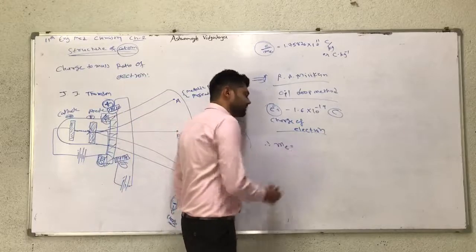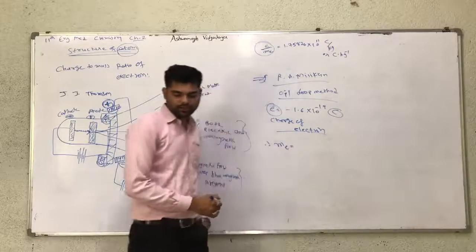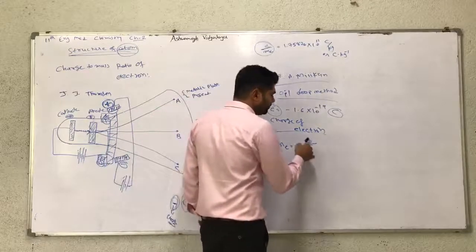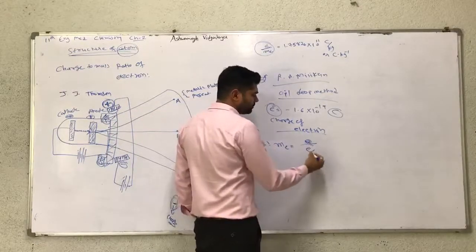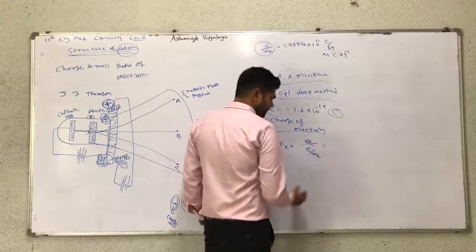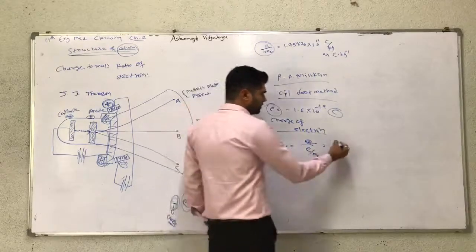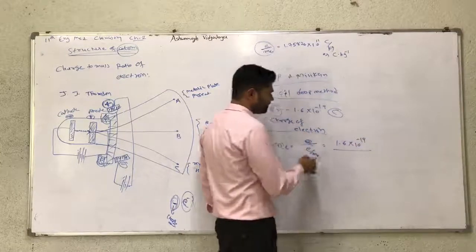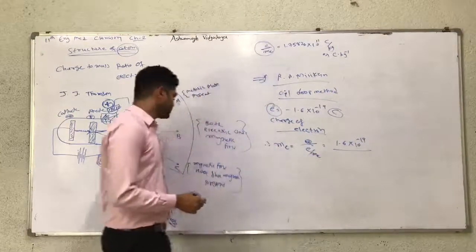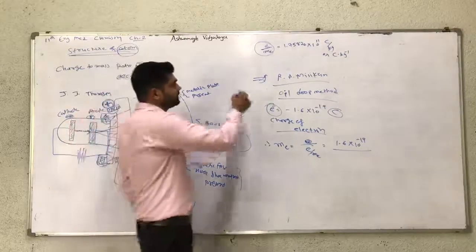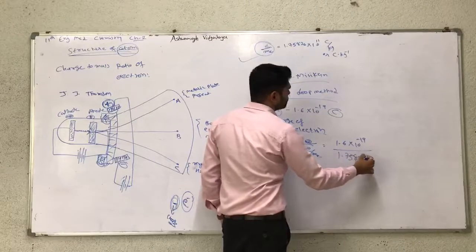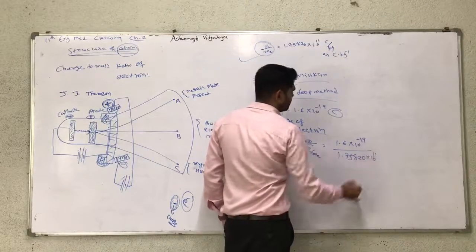Mass of electron is equal to e, the value from Millikan, divided by the ratio e divided by me. The value of e is 1.6 into 10 raised to minus 19, and the e by me ratio given by J.J. Thomson is 1.75820 into 10 raised to 11.